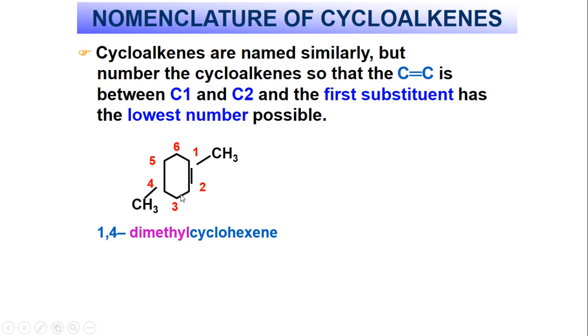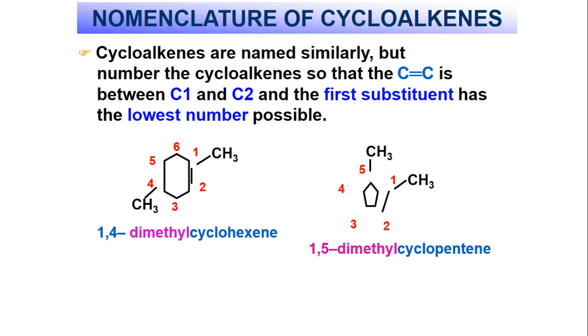So you have 1, 2, 3, 4. So this will be 1,4-dimethylcyclo. Cyclo means it is a ring structure. Cyclohexene. Okay. Let's quickly look at this one. So this one will be 1 there, 2 there, 3 there, 4 there, 5 there. And then the name will simply be 1,5-dimethylcyclohexene.